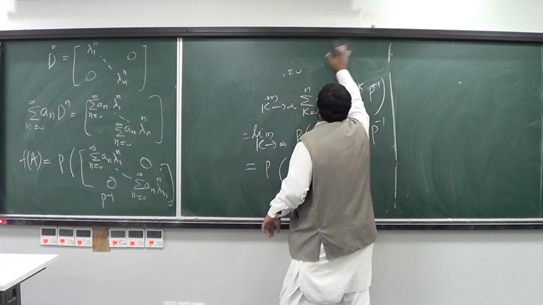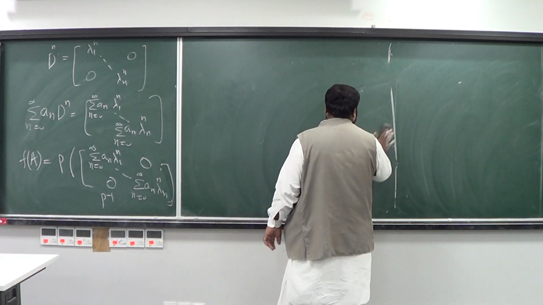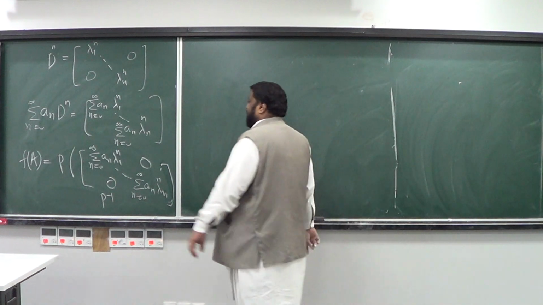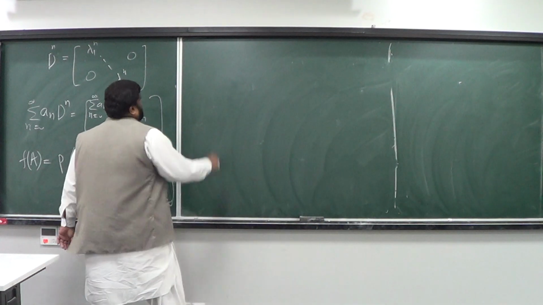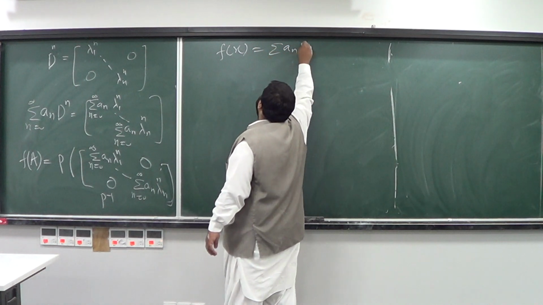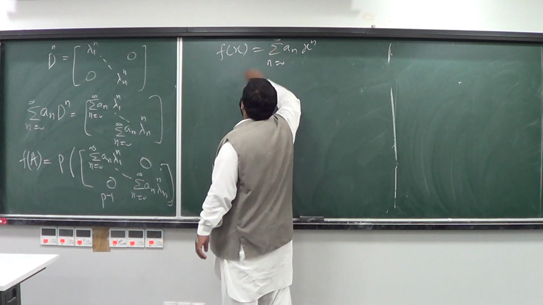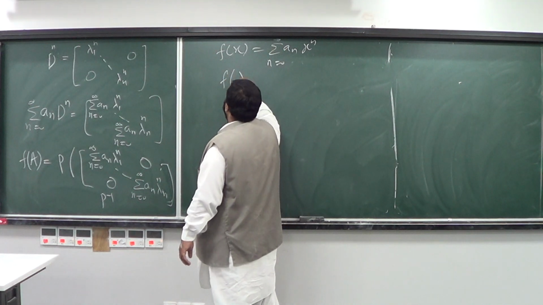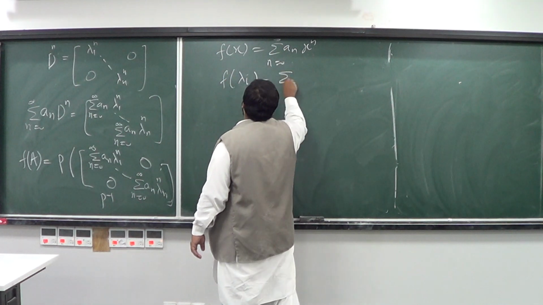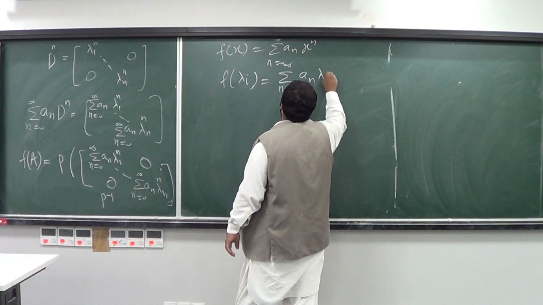You can go one step ahead. What was my f of x? My f of x is the sum of a_n x to the power n, when n goes from 0 to infinity. So what would be my f of lambda_i? It's going to be the sum that goes from 0 to infinity of a_n lambda_i to the power n.